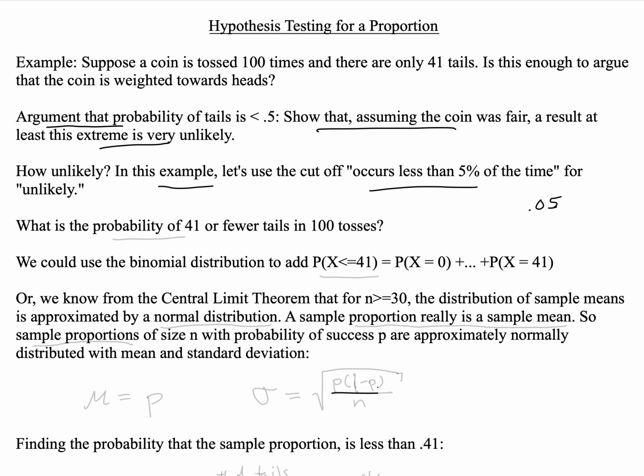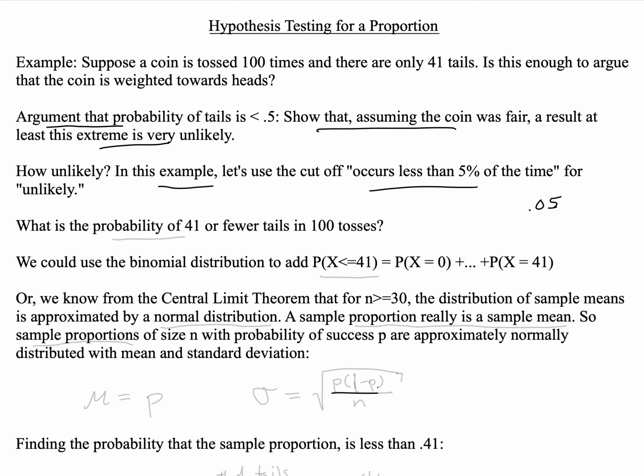And that's our sample proportion. As before, we're going to label that as p with a hat, the sample proportion, as compared with p, which is the expected proportion. That's our expected proportion if the coin was fair. So we're assuming the coin is fair. What's the probability of getting a sample proportion of 0.41 or less, assuming that the coin was fair?